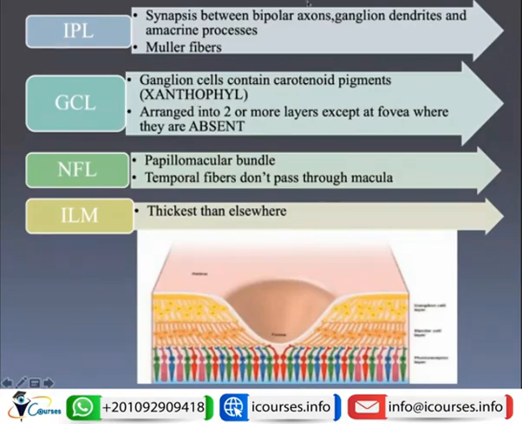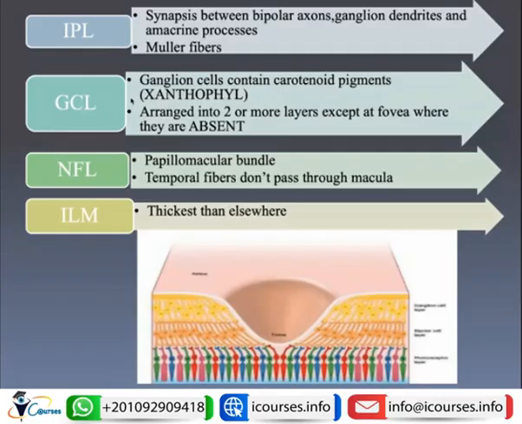You remember the macula lutea, meaning that it is yellowish, due to the presence of xanthophyll pigments, which are mainly present in the ganglion cells. And here we come to the striking fact. Sometimes they ask in the exam that in the fovea, the ganglion cell layer will show increased number of layers.